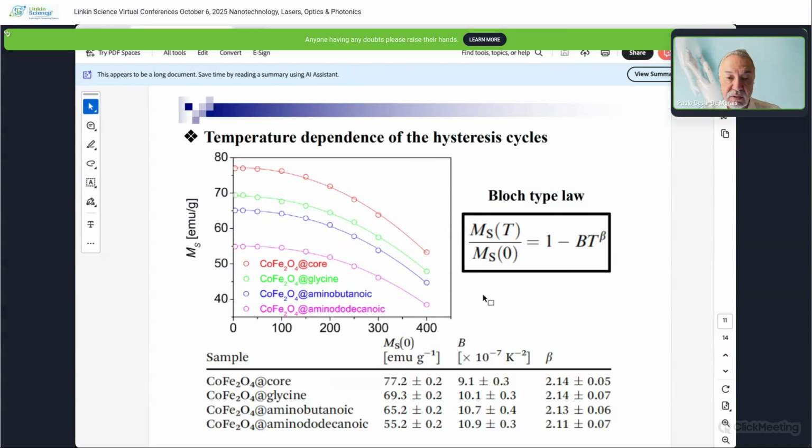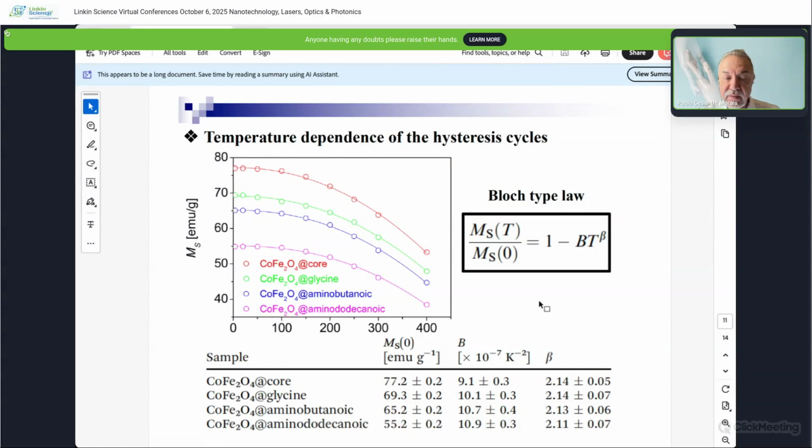It's very interesting if you look at the table in the lower part of my slide. The last column is the beta coefficient. It's about the same; it doesn't change as you change the surface coating. Of course, the B value changes, but the saturation magnetization at 0 K also changes systematically as you go from the 2 carbon surface coating up to the 12 carbon surface coating.